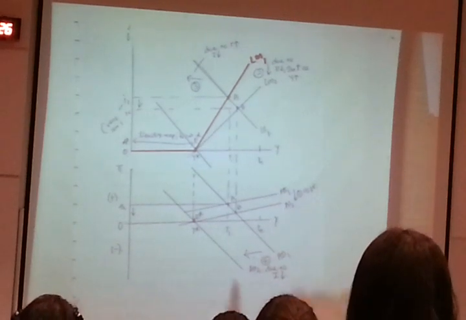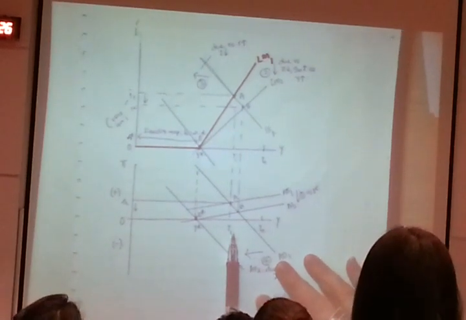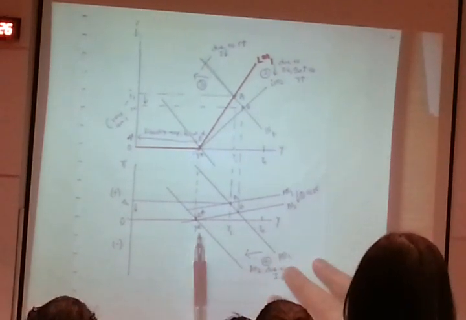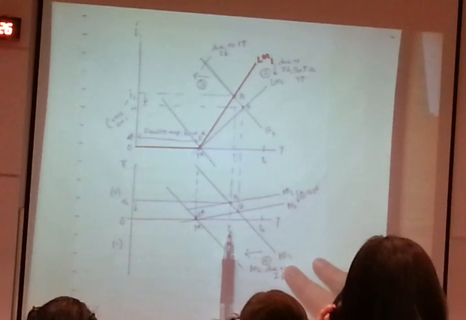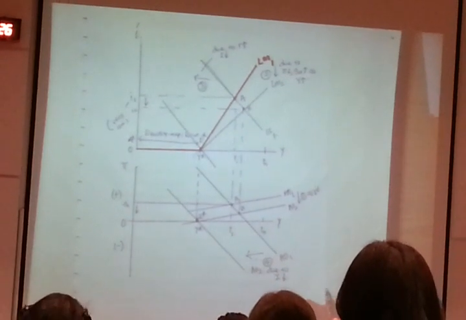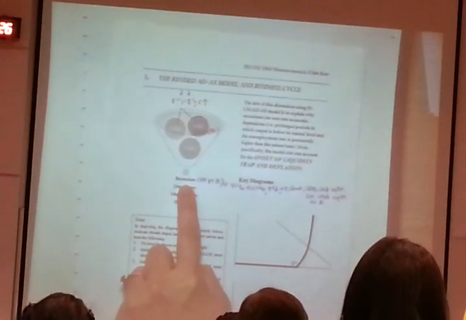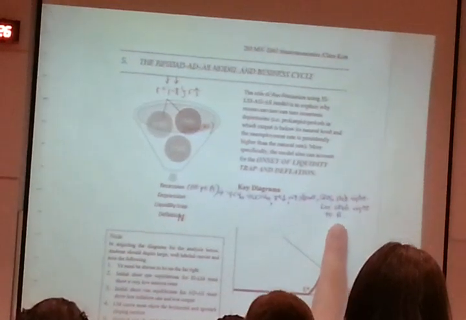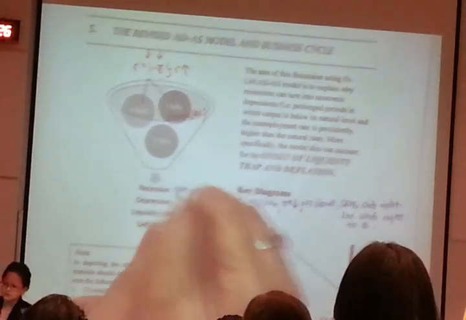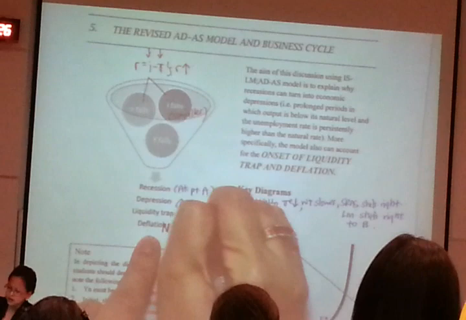So what do you see? You started at E1, you ended at Y star. You are going leftwards. A recession at point A went to point B, but you ended up in a depression at point E star.